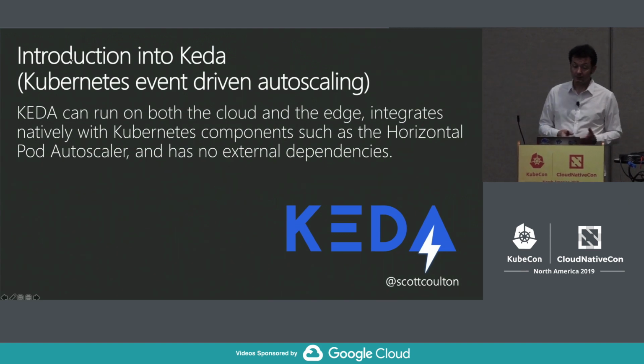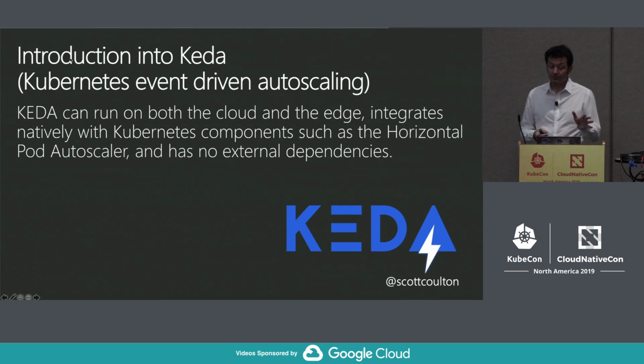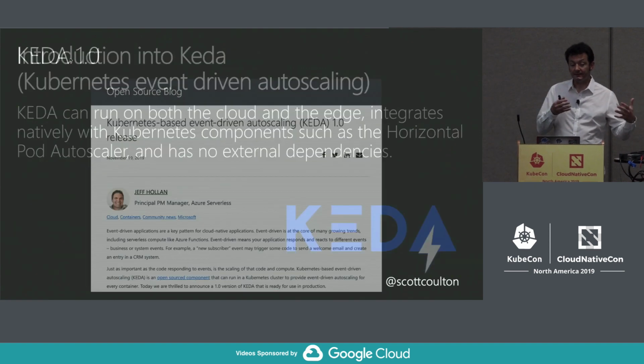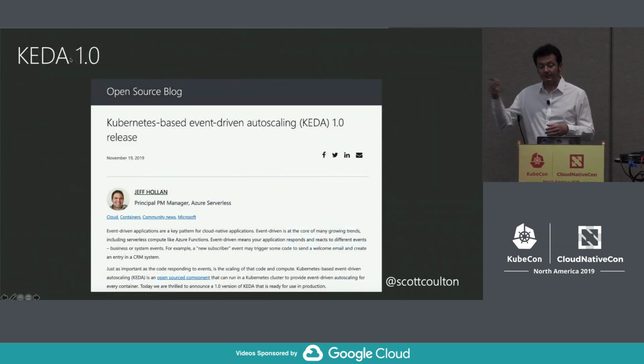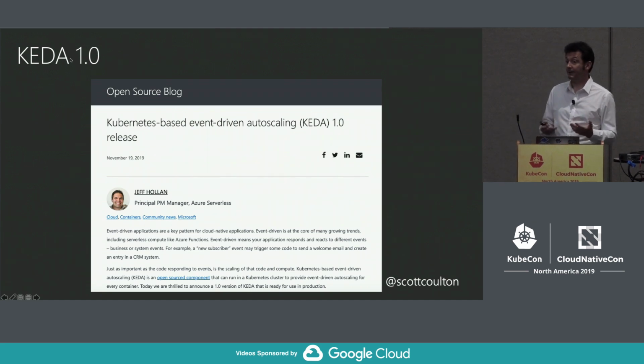So how does KEDA work? KEDA performs two roles in Kubernetes. First, it's an agent to activate and deactivate a deployment, scale it from or to 0 when there are no events.